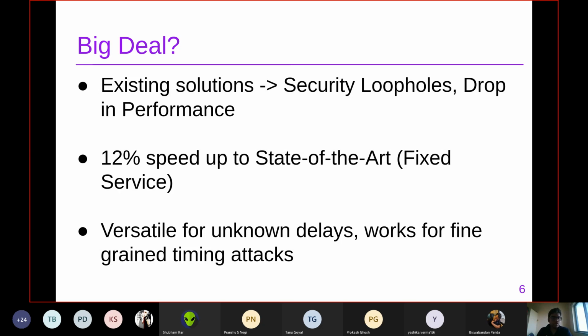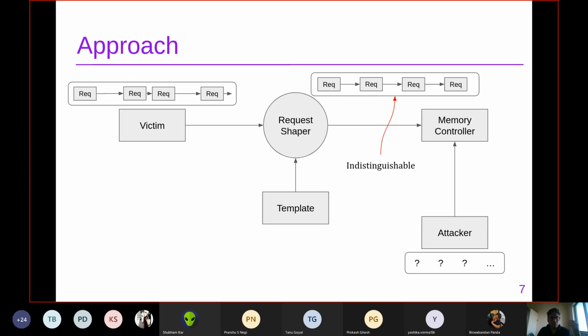DAC guys actually achieves a 12% speedup over the state of the art, which is the Fixed Service solution. It is also versatile enough to handle unknown delays caused by simultaneously running processes, and it also works for fine-grained timing attacks.